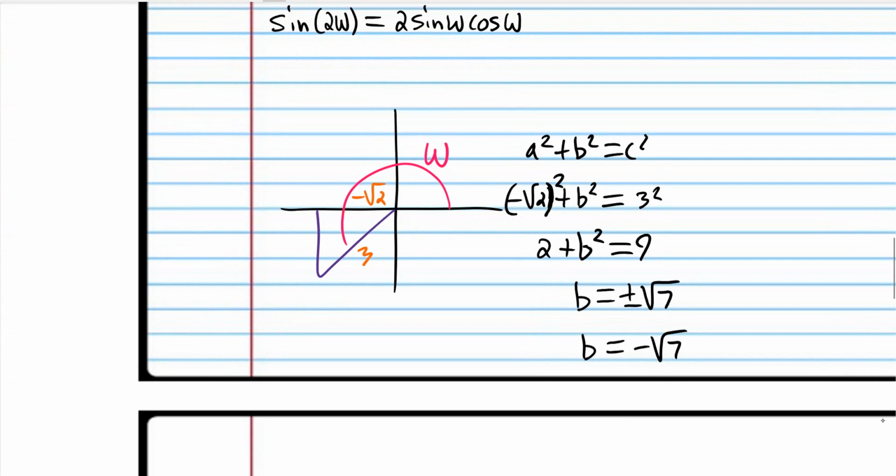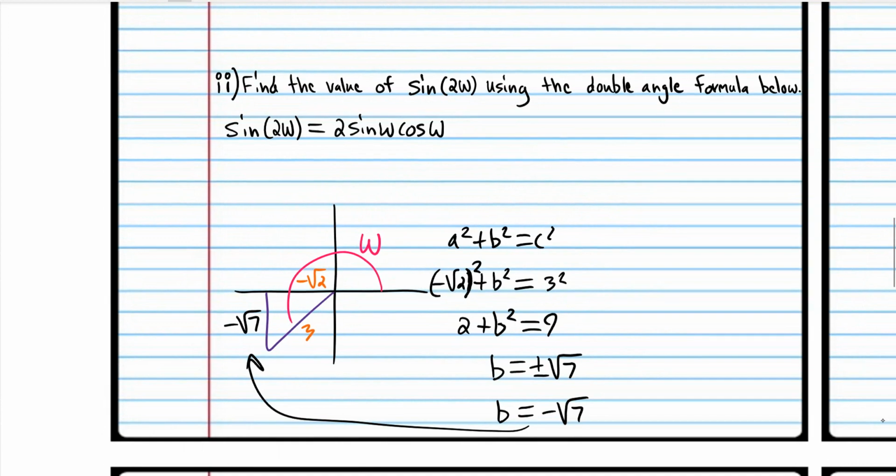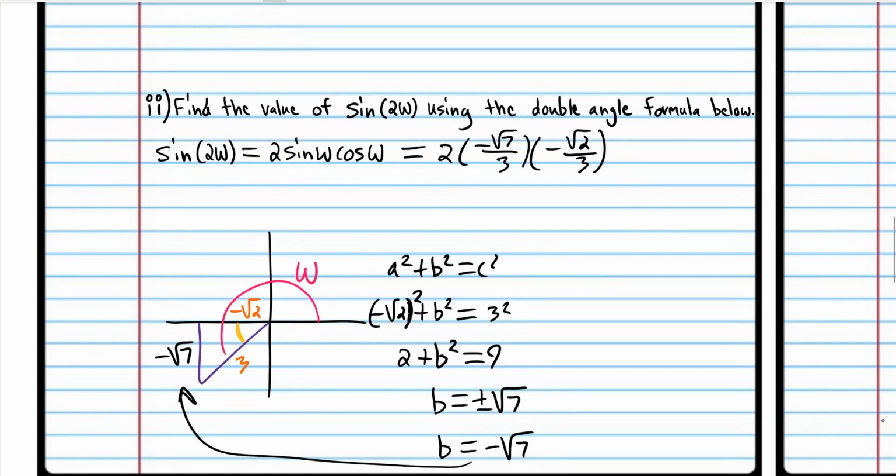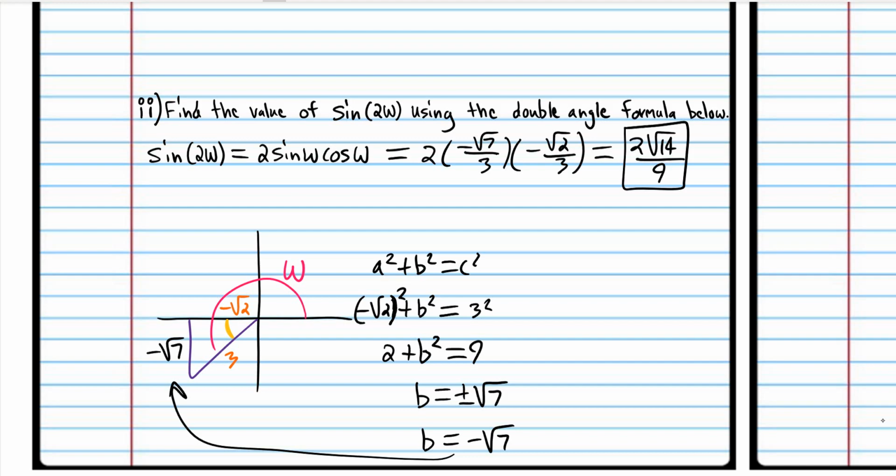So let's write that next to the side there. So now we can find sine omega really easily. Sine omega is the side opposite the yellow reference angle divided by the hypotenuse. And cosine omega, we were given that value, negative root 2 over 3. So now we multiply and we get 2 root 14 over 9. So that is the value of sine 2 omega.